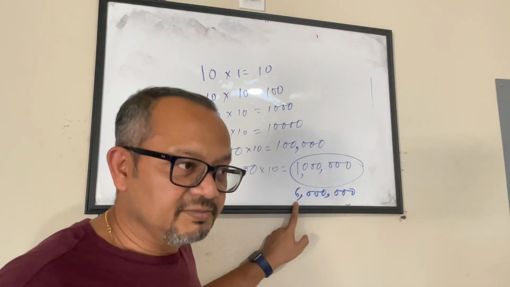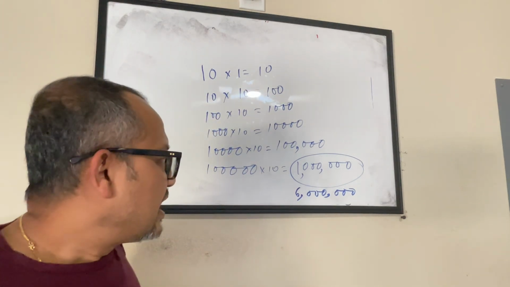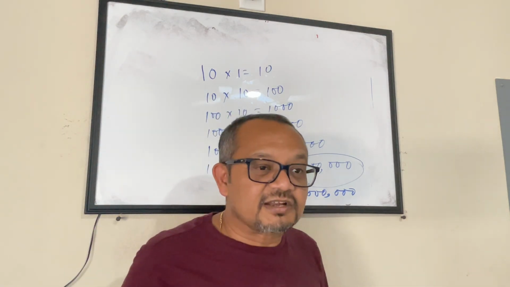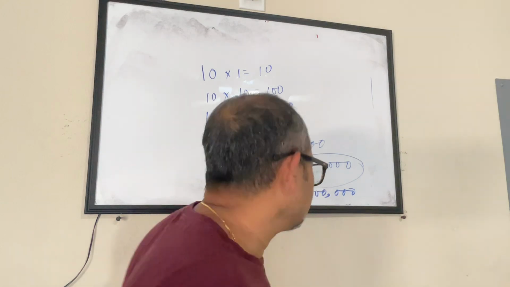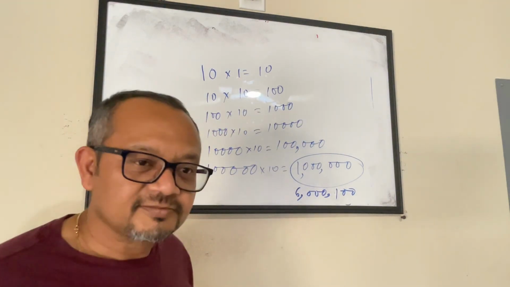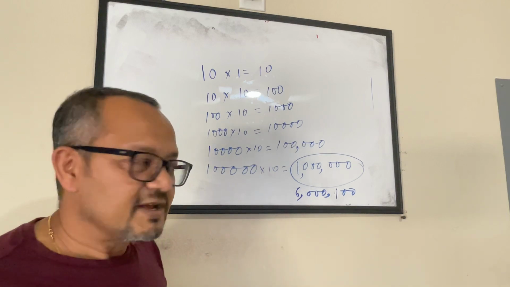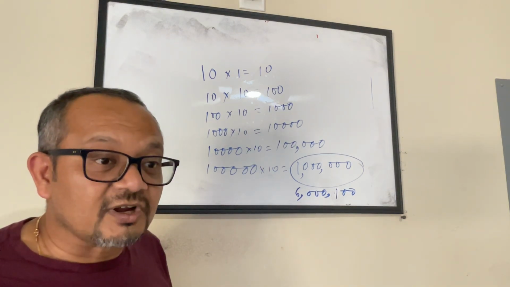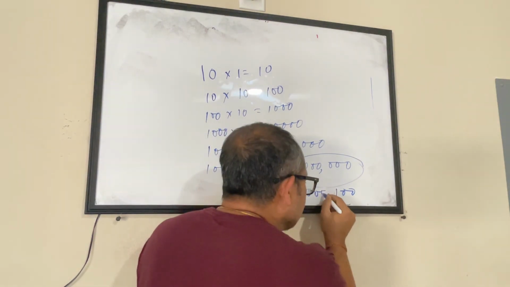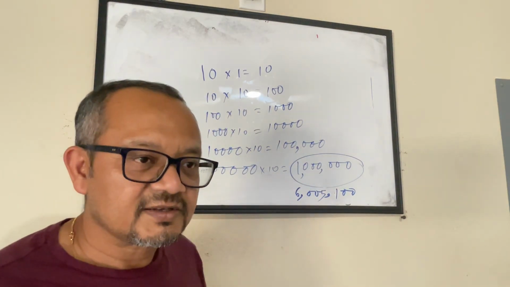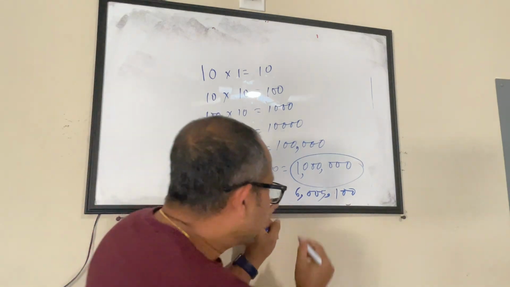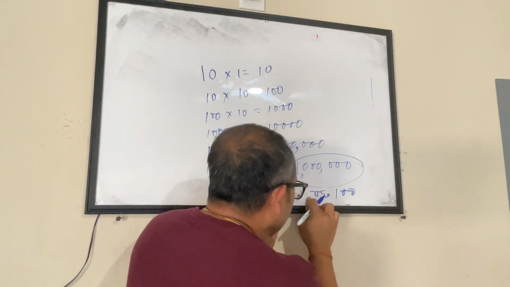Now, I had 6 millions, I got $100 more. 6 million and 100. Yeah, that's what it became. I got $5,000 more. So I will put 5 in the thousands place. I got 200,000 more. 100,000 place is here. I'll put a 2 here.